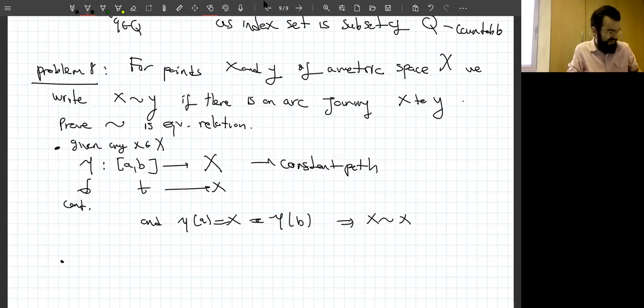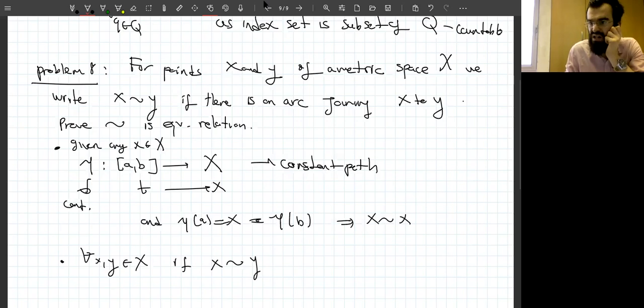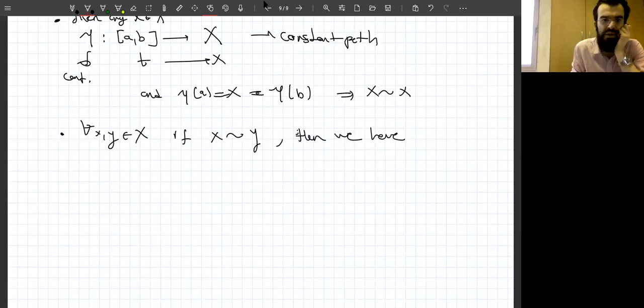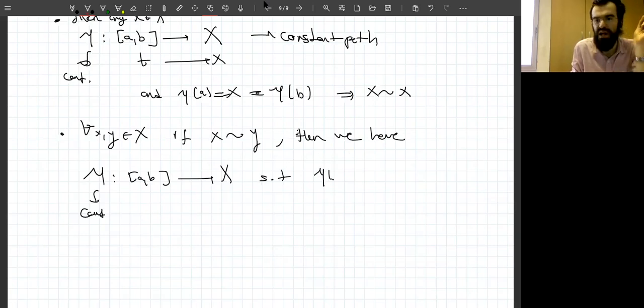So what about the symmetry? For all x, y in X, if x is related to y, I mean we have an arc joining x and y, then we have a continuous path gamma from the closed interval [a, b] to X, such that gamma(a) is x and gamma(b) is y.